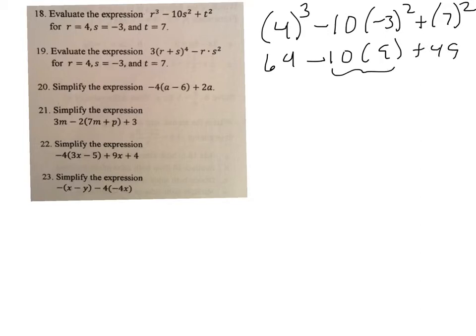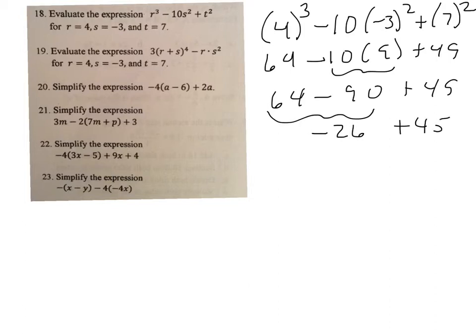Now I'm going to still get rid of this one, so I get 64 minus 90 plus 49. And in this case, 64 minus 90, I'm going to do this one first because it's left to right. 64 minus 90, I believe, is negative 26. Bring down your plus 49. And negative 26 plus 49 is a positive 23.